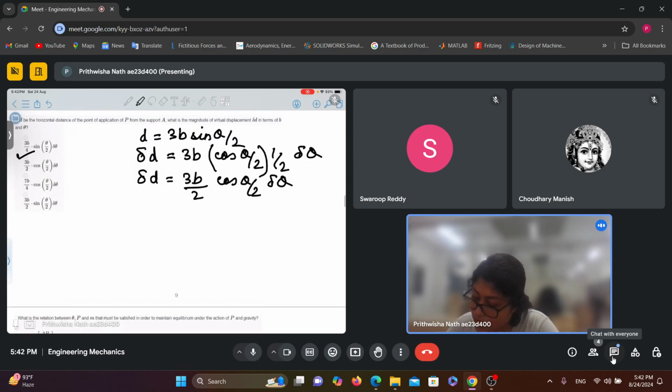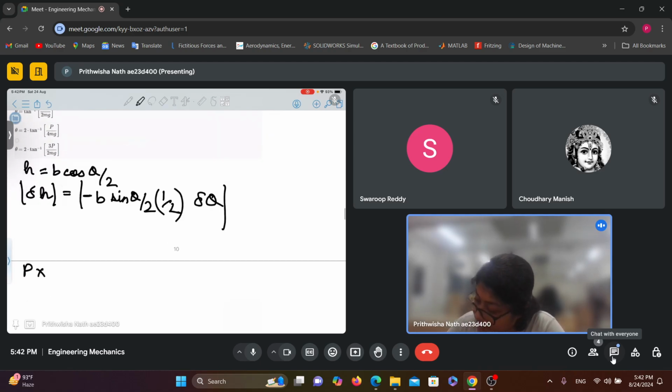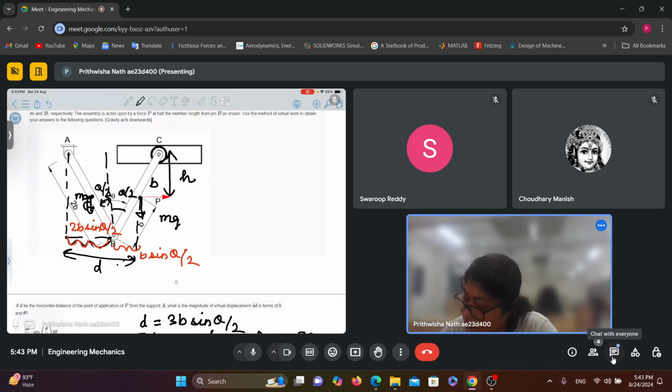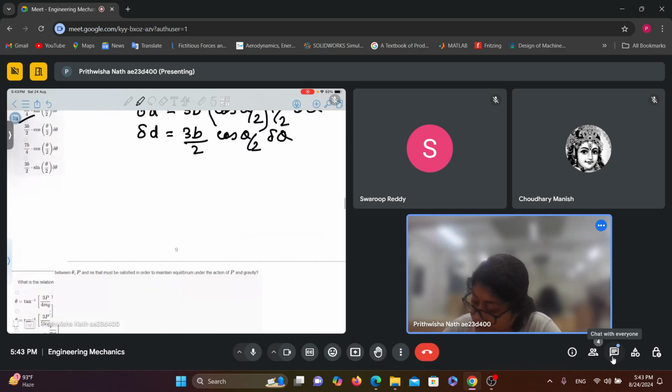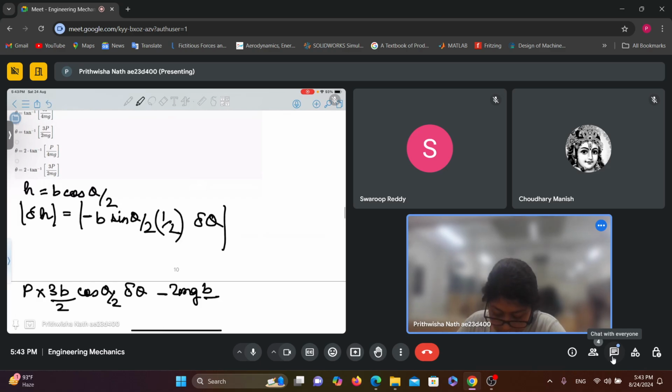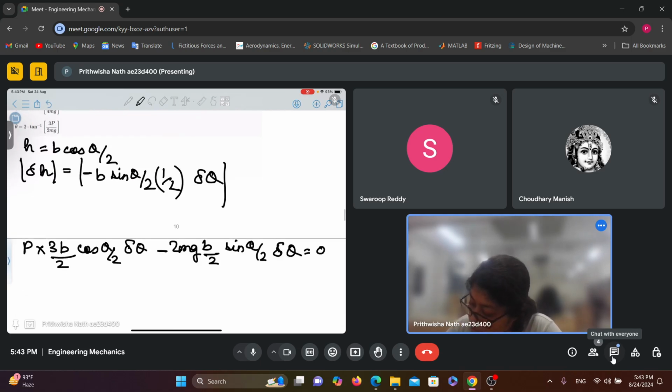It is 3b by 2 cos theta by 2 delta theta, minus 2 mg b by 2 sine theta by 2 delta theta equals 0. Now b by 2 gets cancelled.